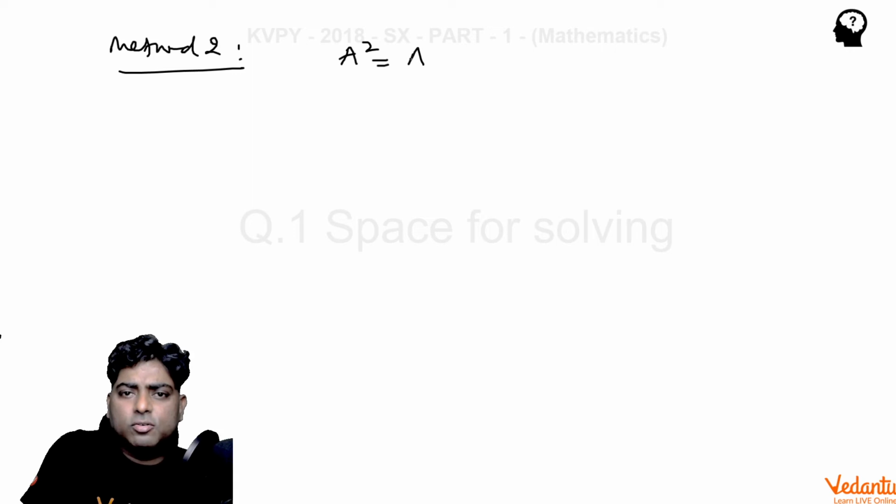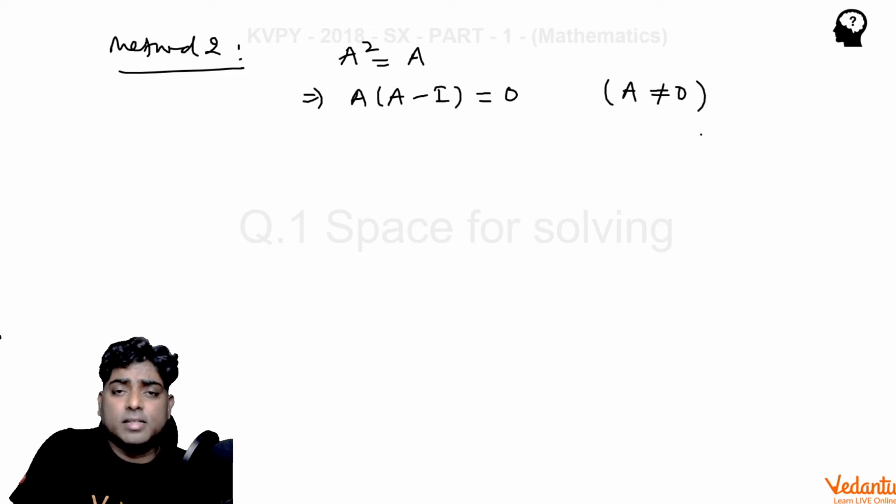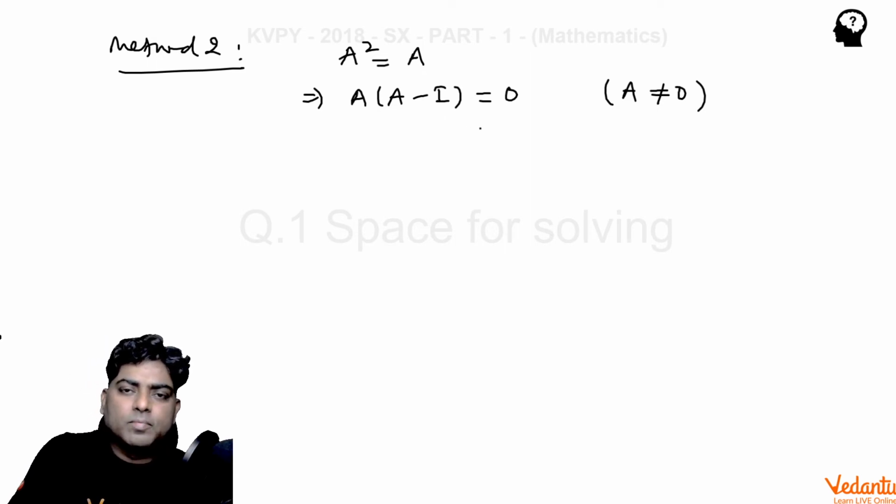Coming directly to A square, A square is equal to A means we can take A common and write A into A minus I is O. Now we know from the basic theory that if the product of two square matrices is O, and here A is not O because the entries of A were not 0, none of the entries is 0, then the other has to be singular.